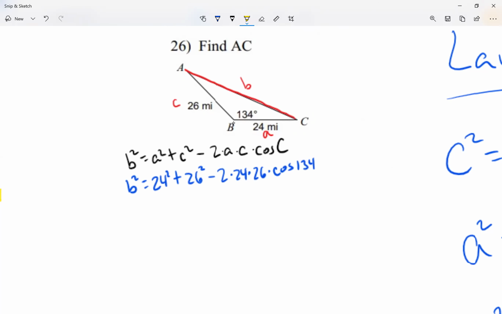Again, like I did on the previous question, let me highlight this. It's all numerical. Just type it in. That's going to help me solve for side B. That's good. Not too bad.